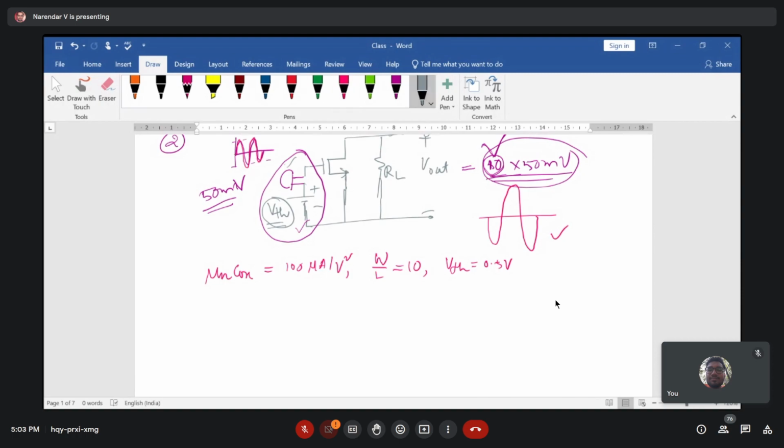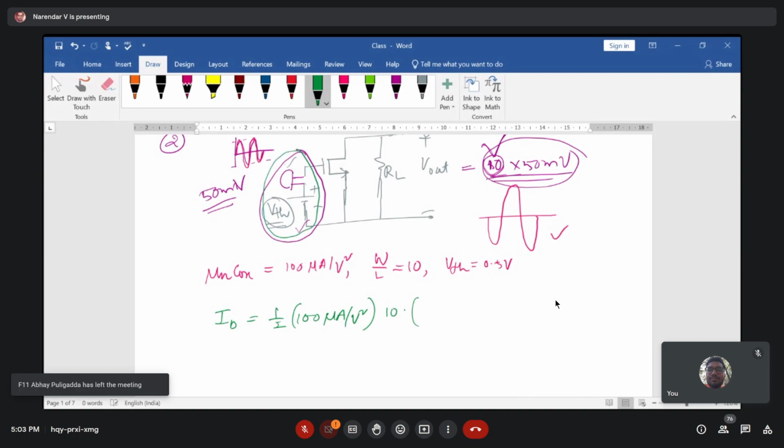With this, if you calculate the value of ID, it is going to be half mu n COX, 100 microampere per volt squared, into 10, into VGS squared, where VGS is exactly equivalent to VTH plus 5 millivolts. The input you are applying superimposes your input signal on the DC biasing.